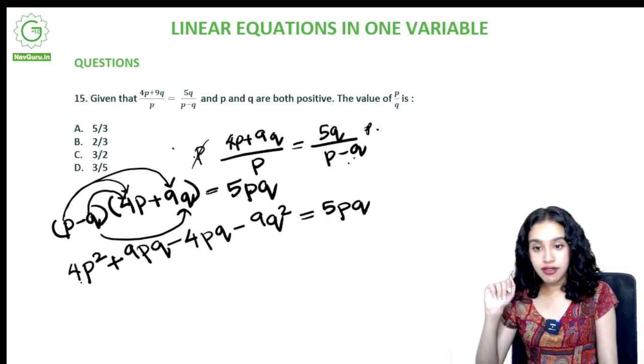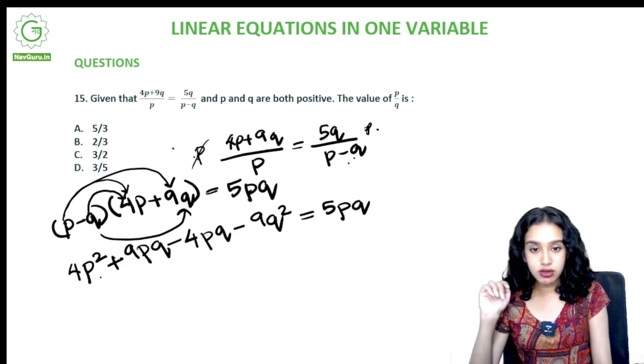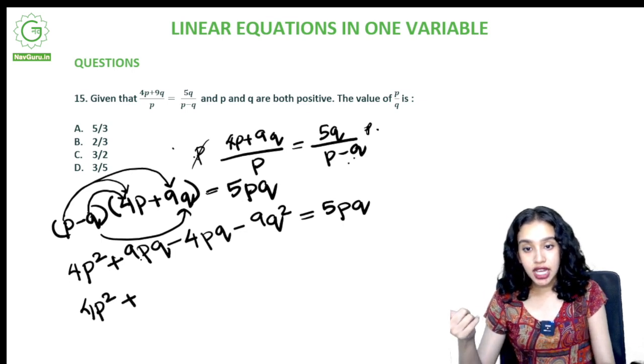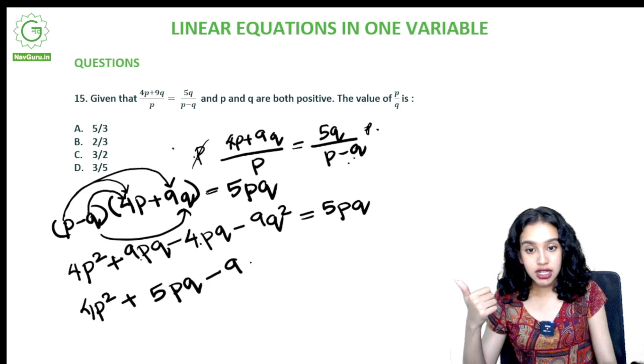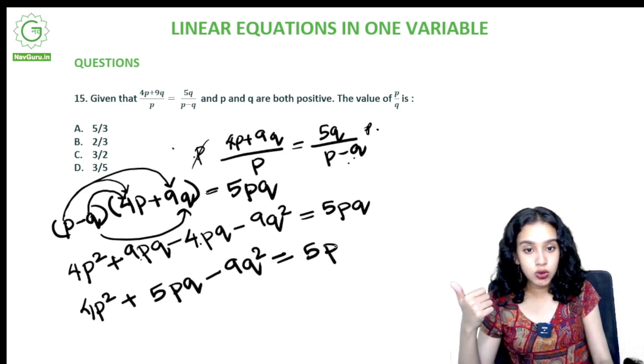Now we have 4p square plus 9pq minus 4pq is 5pq, minus 9q square is equal to 5pq.